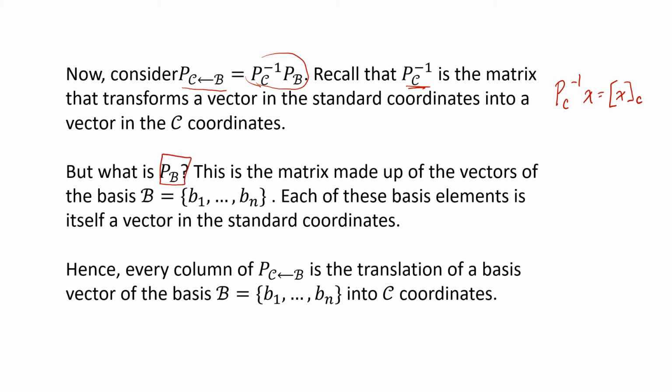If you remember how we built that from an earlier lesson, you just take your basis vectors and stick them all together in a matrix. So PB is simply equal to the first column B1, the second column is B2, and so on until the nth column is Bn. So it's just all of your basis vectors, one in each column.